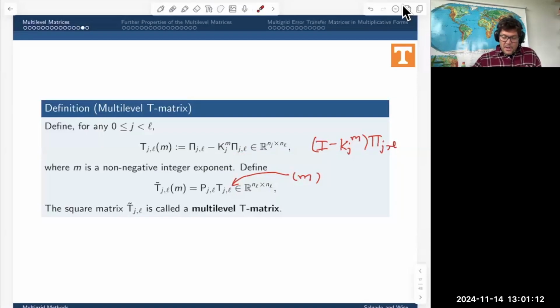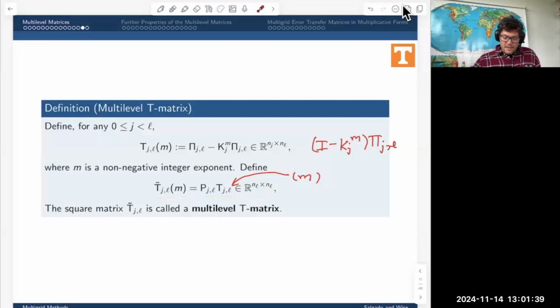Now, if we want to square this up and make it a matrix which is NL by NL, then we pre-multiply by the prolongation from level J up to level L. This is a new matrix called the multi-level T matrix. The one we're going to be mostly interested in is this square version.